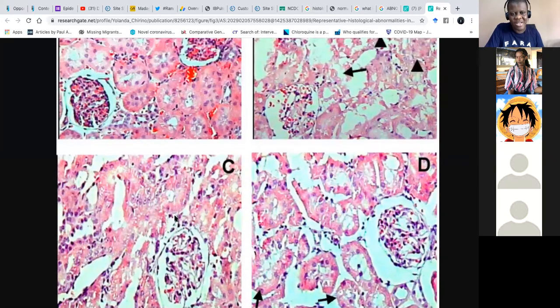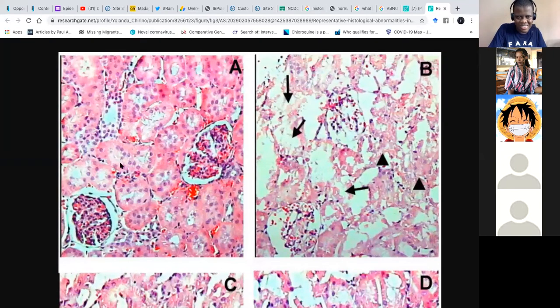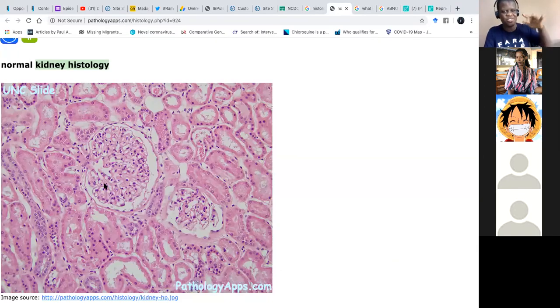Now, look at the entire slide. Now compare here. That is why I really appreciate when somebody mentioned the staining reaction. Now compare it with this. What do you think is different in this?